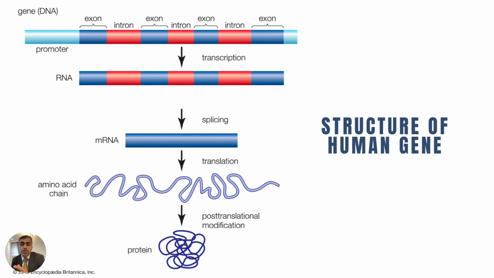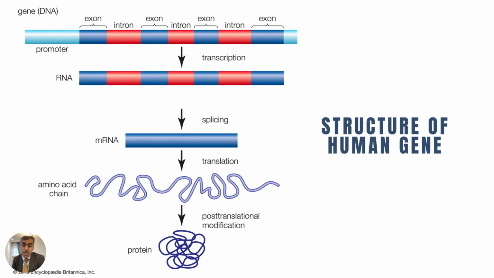A promoter refers to a specific region, a specific sequence of DNA. The function of a promoter is to serve as a binding site for RNA polymerases and transcription factors. So, promoters play a crucial role in initiating the process of transcription, the process of producing RNA, or we can say mRNA.